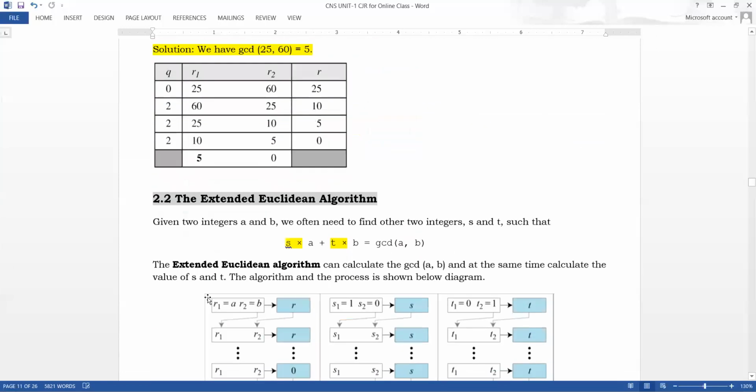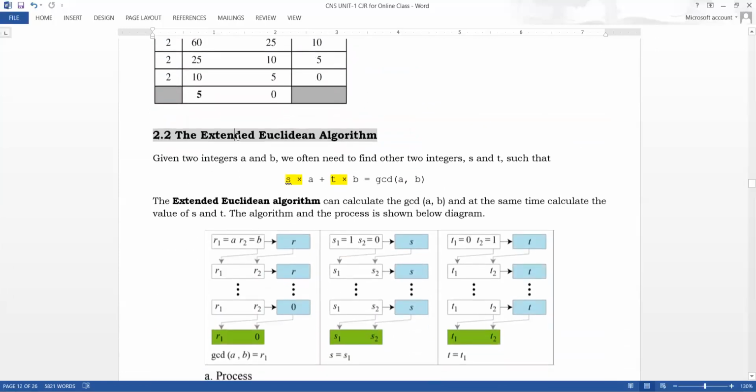Now the extended Euclidean algorithm. Here, to find the GCD, there will exist two integers s and t, so that GCD of A comma B equals s into A plus t into B. So to satisfy this equation, there will exist s and t values.